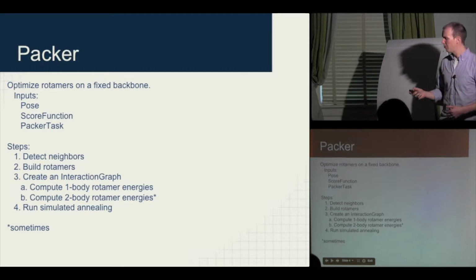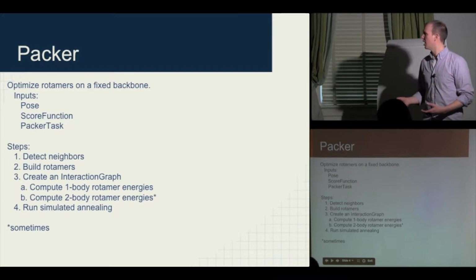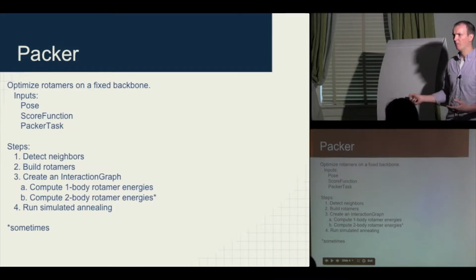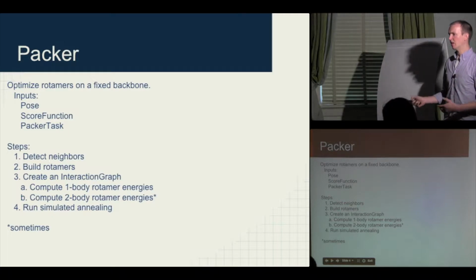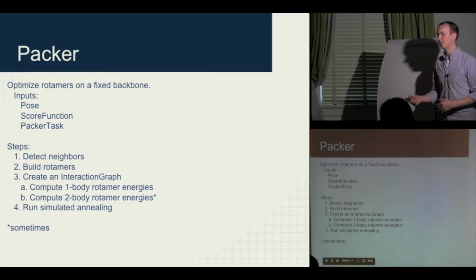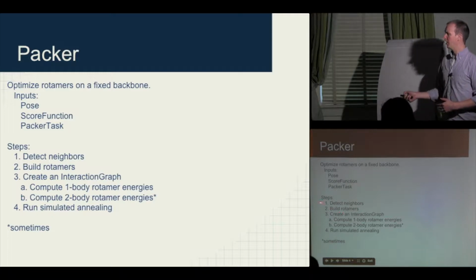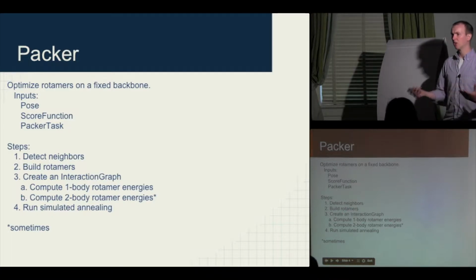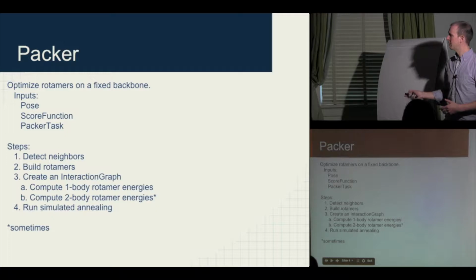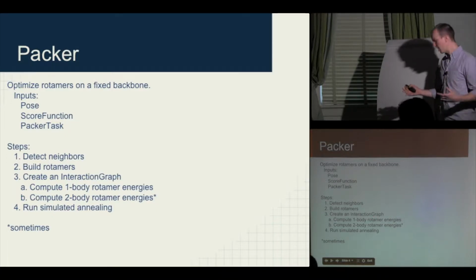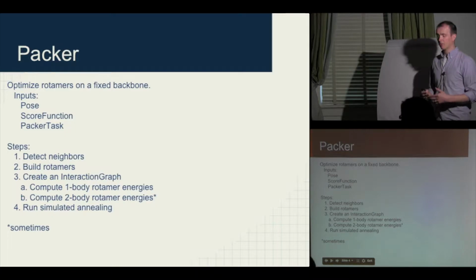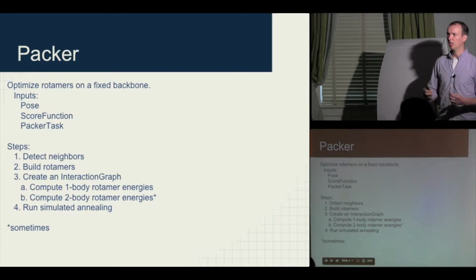So the packer operates in 4 main steps. First, it figures out who all the neighbors are in the pose, and it creates a graph to represent the neighbor relationships. Then it sits down and builds all the rotamers that it's going to use. Then it creates what's called an interaction graph, which is not a terribly great name, but what it's meant to represent are the interactions between pairs of rotamers.